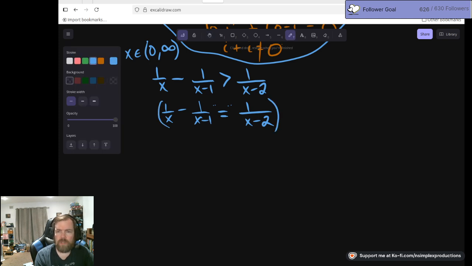We now want to multiply all of this by the least common multiple of the denominators for this equation. In that case, it is x, x minus 1, x minus 2. When we multiply by all three of them, one of them gets eliminated and the other two remain in the numerator.